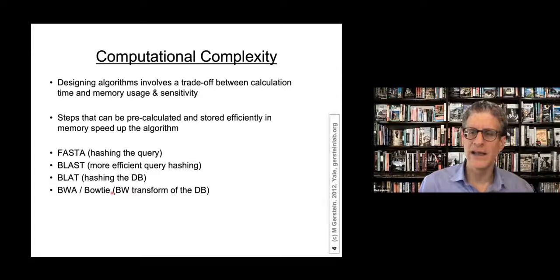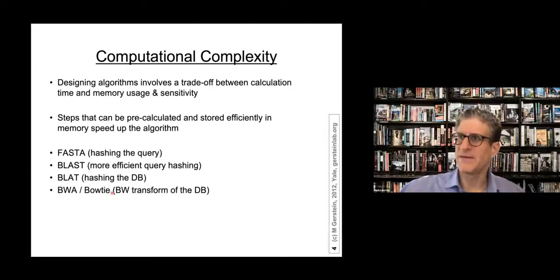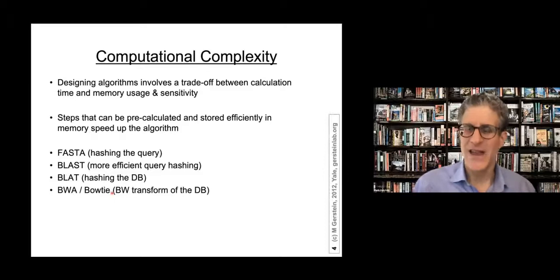In some senses, they're not as sensitive at finding things. There's also a counter progression, which is a little bit what we talked about last time with, say, PSI-BLAST or multi-sequence alignment, where people develop searches that are more sensitive than the original Needleman-Wunsch approach, but they are slower.